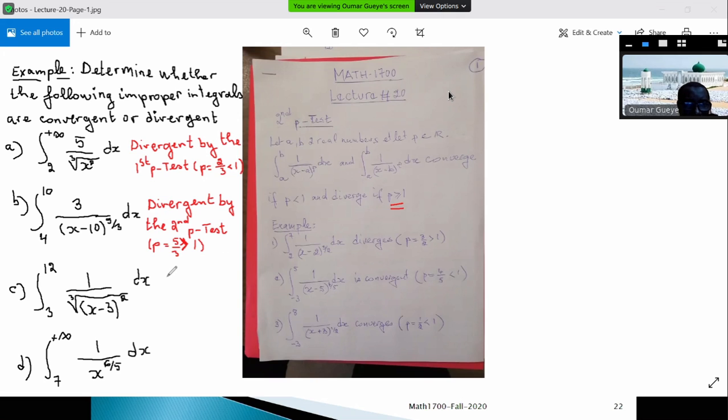So in this case, it's going to be convergent by the second p-test.